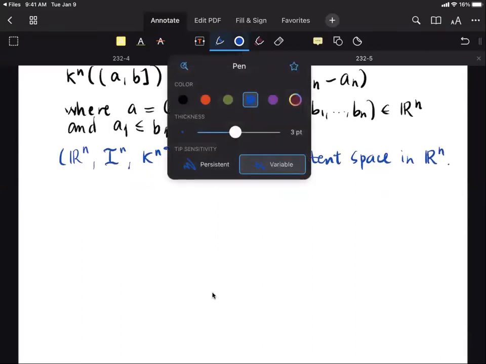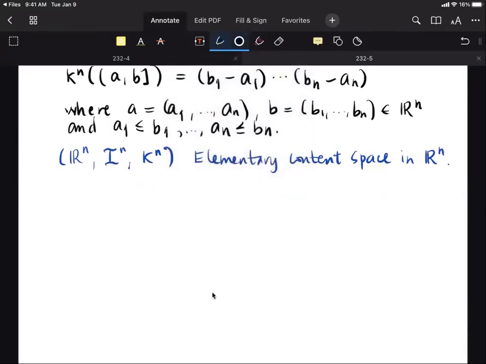Now, we want to consider the ring generated by the cells. And this will be denoted by Fn. Okay.